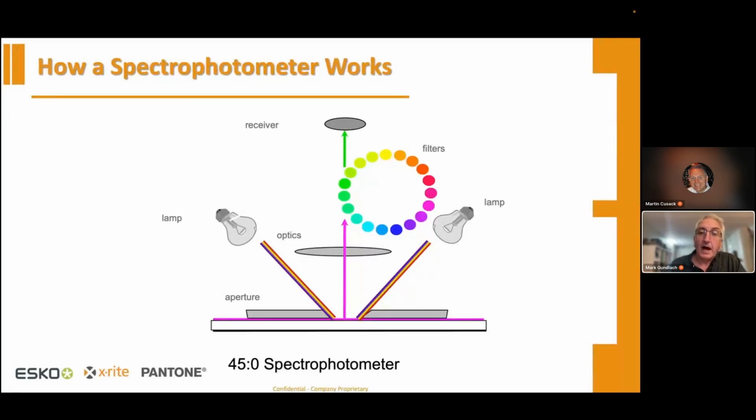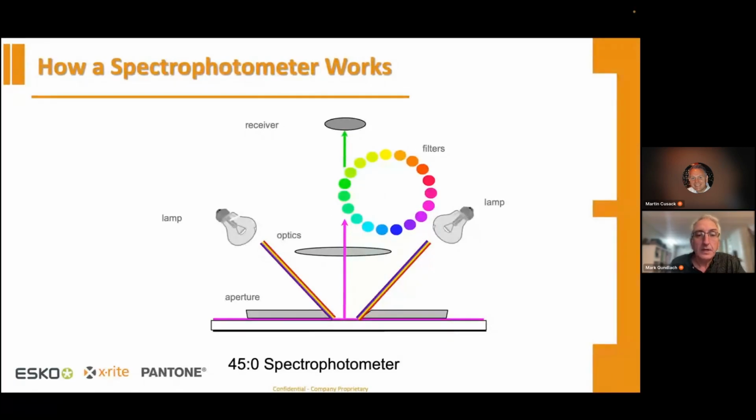Okay, on its way, it goes through a filter wheel, and it has these filters evenly distributed across the visible spectrum, and we capture samples of the light under each of these different filters so that we can plot out a graph similar to what I was showing you earlier with the spectral reflectance curves.